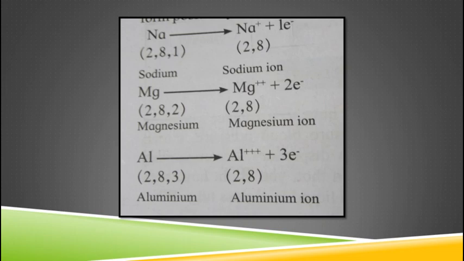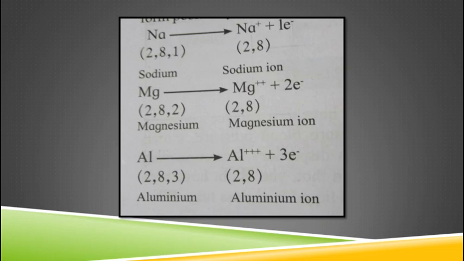Because it has lost 1 electron. This plus one charge appears because sodium loses one electron, and the cation, that is Na+, is formed.